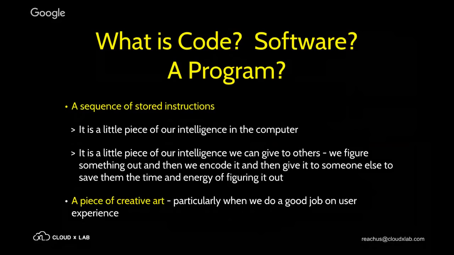This is something tangible and yet not tangible that we hand over to somebody else. We figure something out and then we encode it and give it to someone else to save their time and energy from figuring it out themselves.